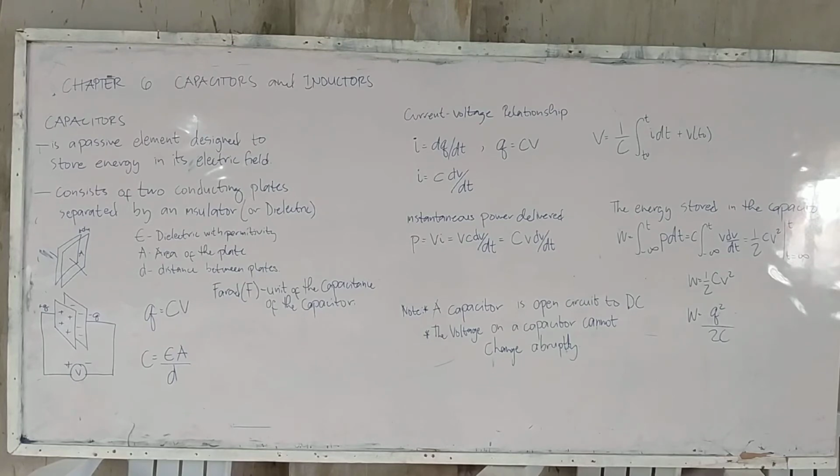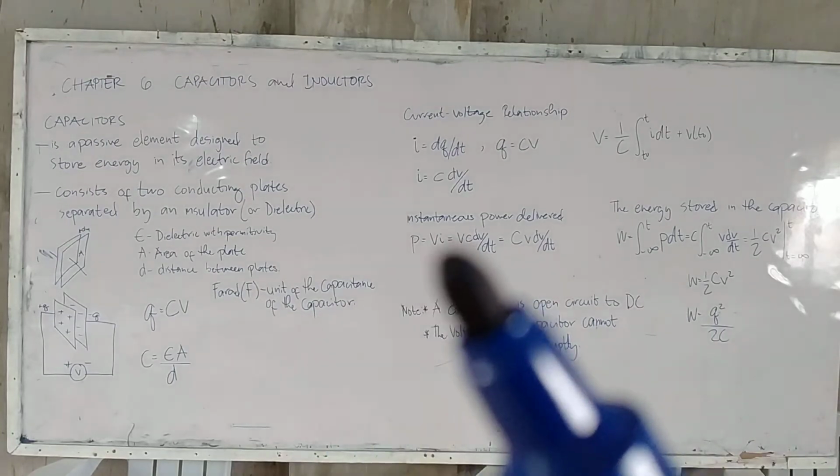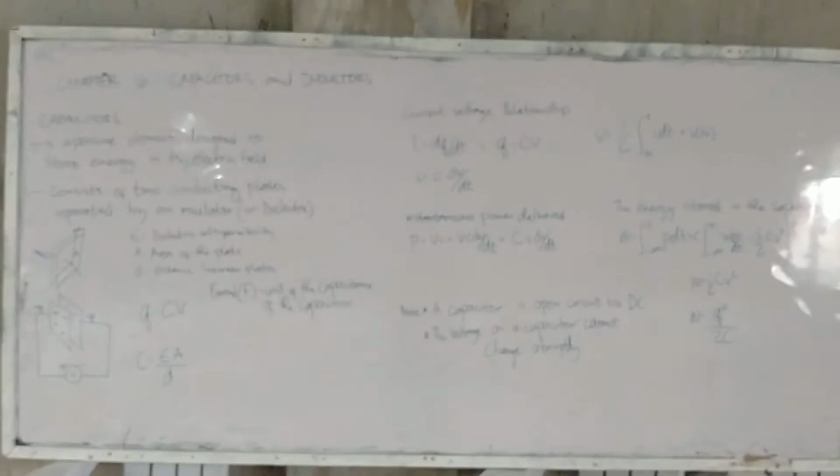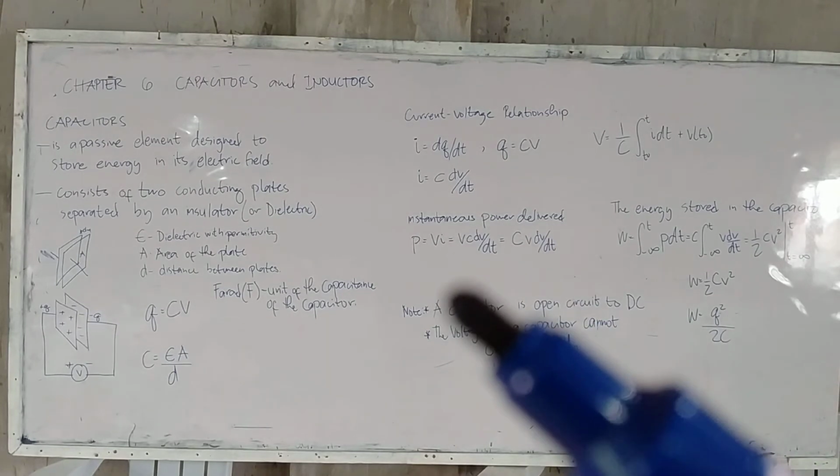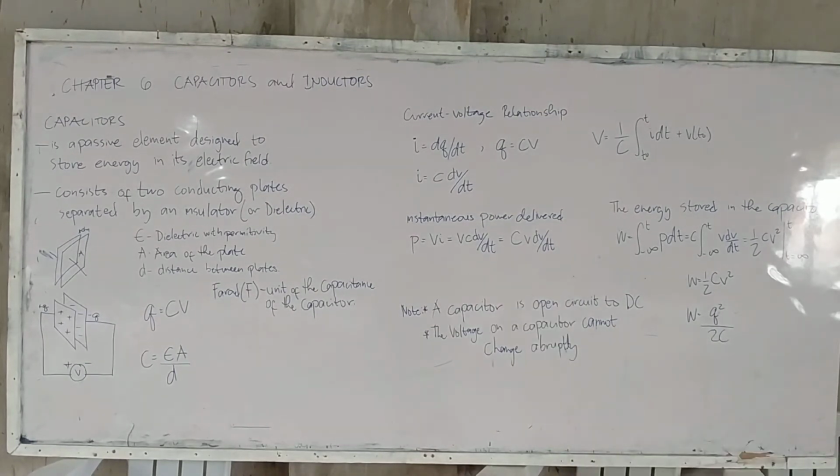Now, how do we get the instantaneous power delivered to a certain capacitor? We know that power is the product of the voltage multiplied by the current.